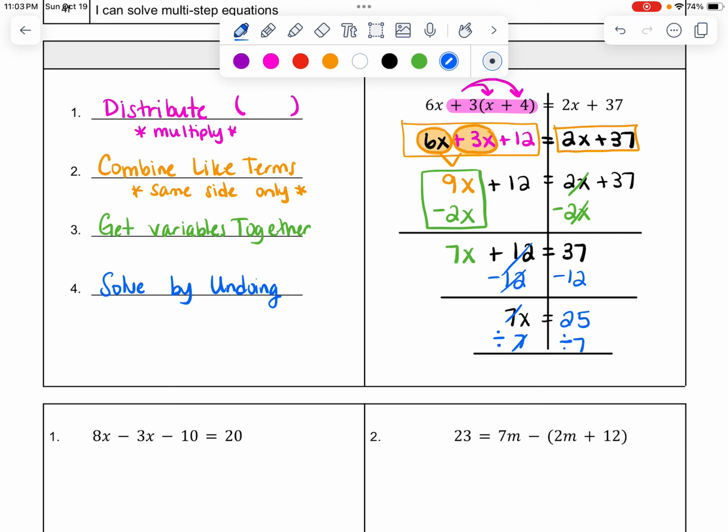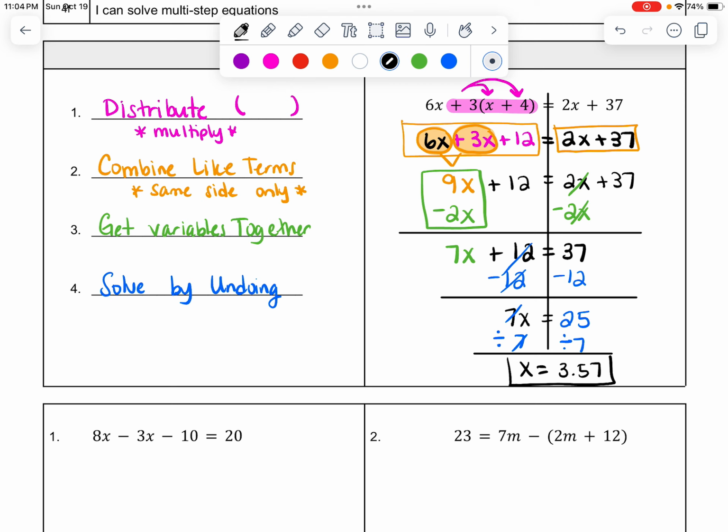So the 7's cancel, and I get x equals 25 divided by 7. I'm just going to grab my calculator here. And I get 3.57. And I'm done.